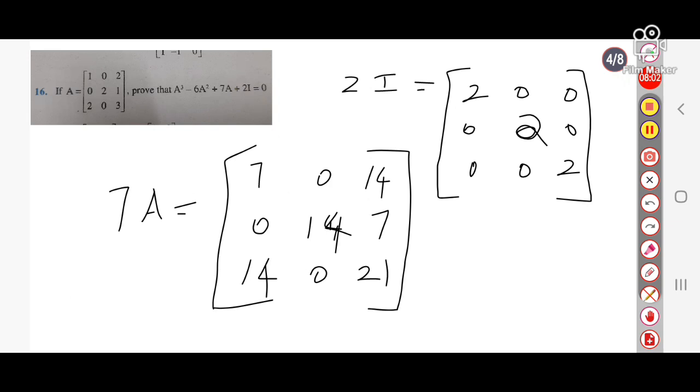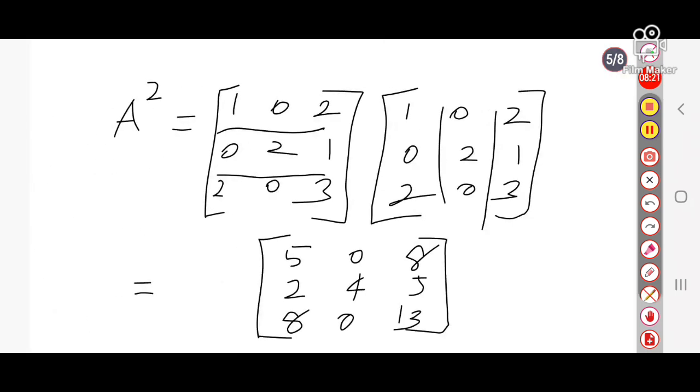The next step is we need to find the value of A cube. So A cube is nothing but A into A square, which makes it simpler again.